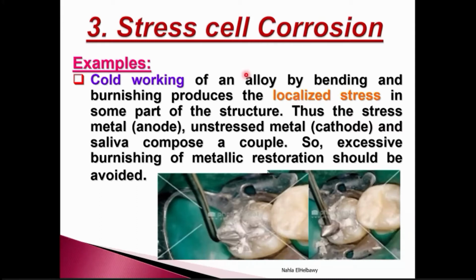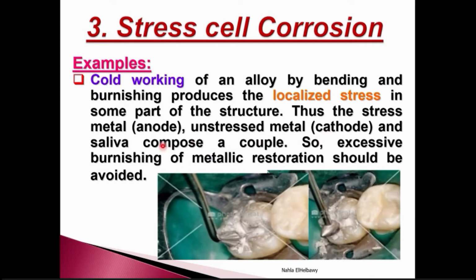The stress cell corrosion, as the name indicates, is due to stress. If we make some stress in the metal structure, for example if we bend a wire, the angle made in the wire will have localized stress in that part, and that part is more prone to corrosion, because in the bending there are stresses on the metallic crystal, and one area will act as an anode and the other will act as a cathode.